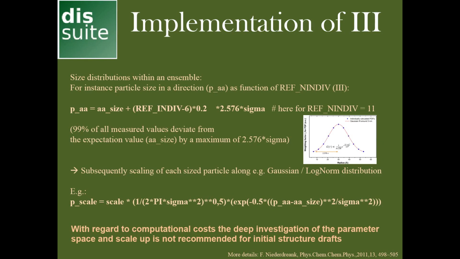Then of course we have to consider that all those data sets which result from this size function are weighted and scaled differently before they are averaged. So you have to calculate the scaling, essentially the y-axis of this plot, at the end of each of those particle structure calculations. And then you have modeled this Gaussian function, and you can extend it to a log-normal distribution, whatever you want, in every spacing you want.